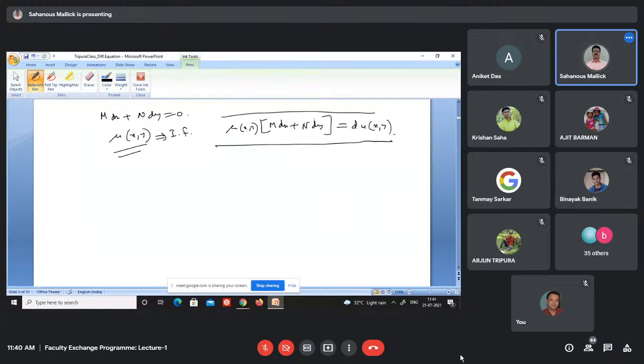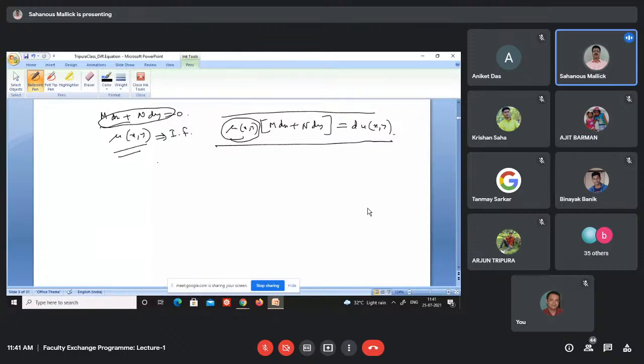So multiplying by this factor we made this equation exact. So here mu is the integrating factor. It should be remembered that integrating factor is not unique.